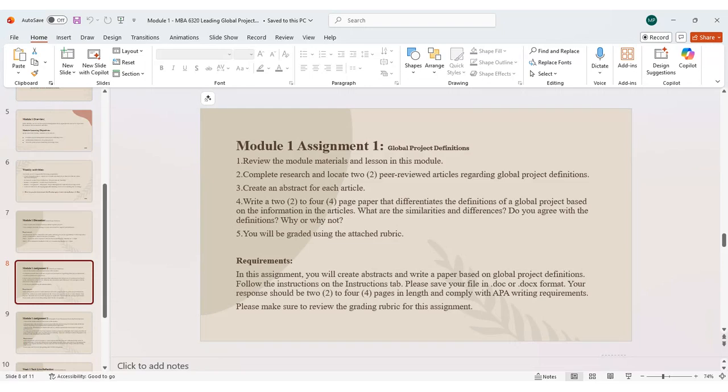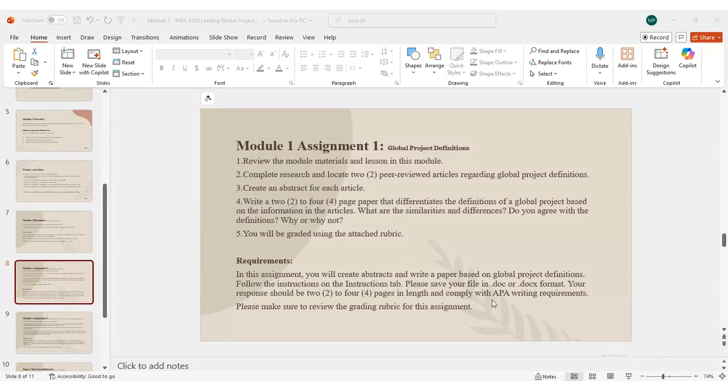Pretty straightforward. So before I move on, though, does anybody have any questions about that assignment at all? Yeah, I have one quick question about that assignment. So do we need to write 2 separate papers, like one for each article, or do we need to do 2 abstracts and then 1 paper?